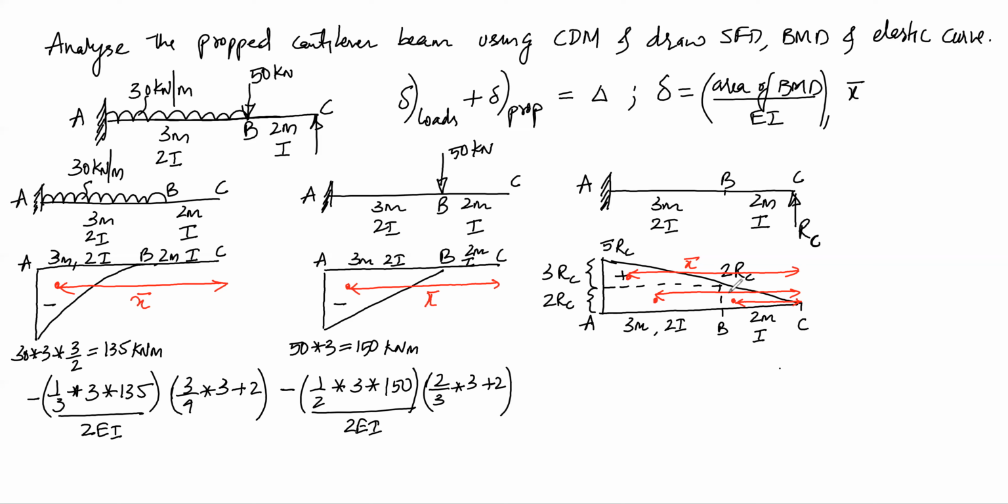So the entire BMD is positive, so it will be plus. For the bigger triangle, the area is half into base 3 meters.